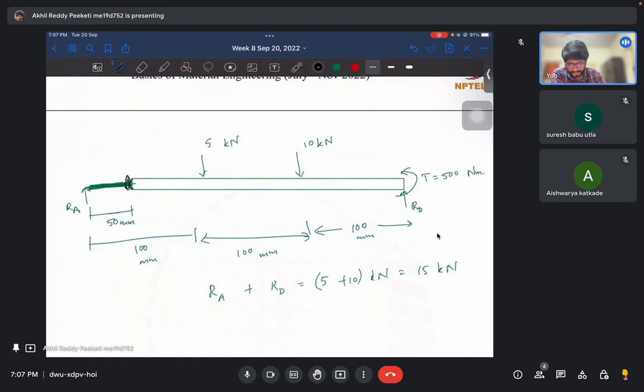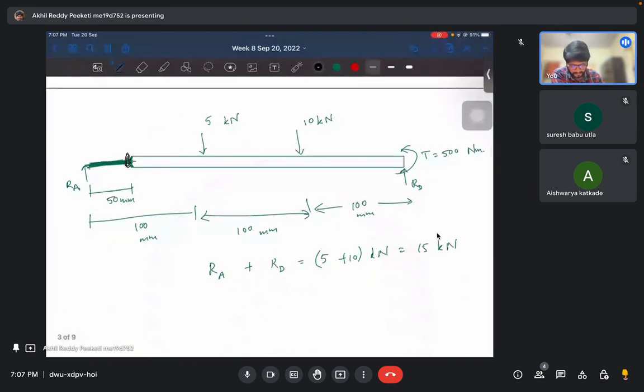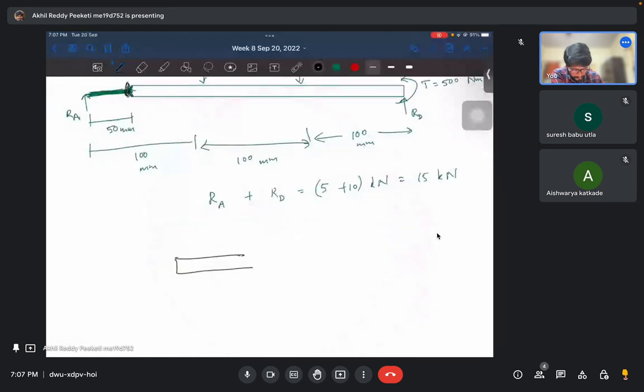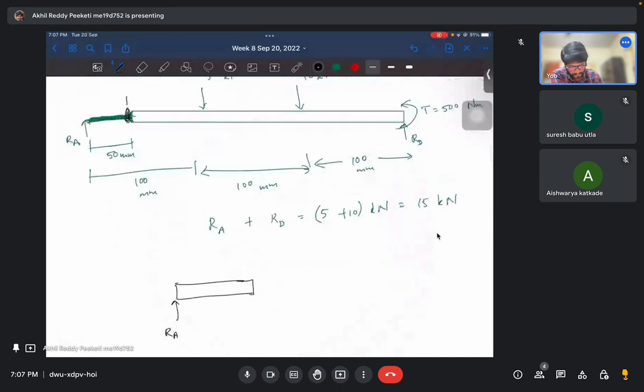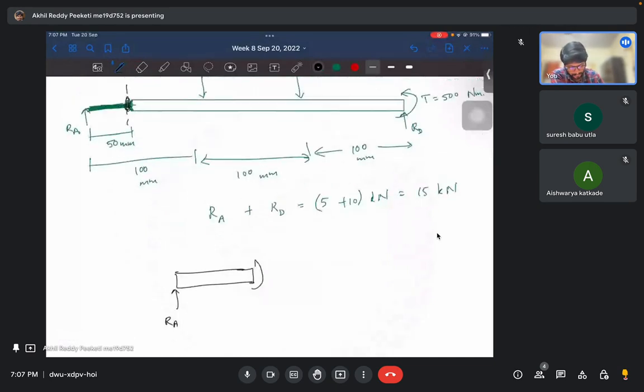If we want the bending moment at this point, the easiest way is to make a cut at this point. Whatever moment is applied here, and then the force, by the other part of the system should be balancing this reaction force RA and the moment generated due to it.